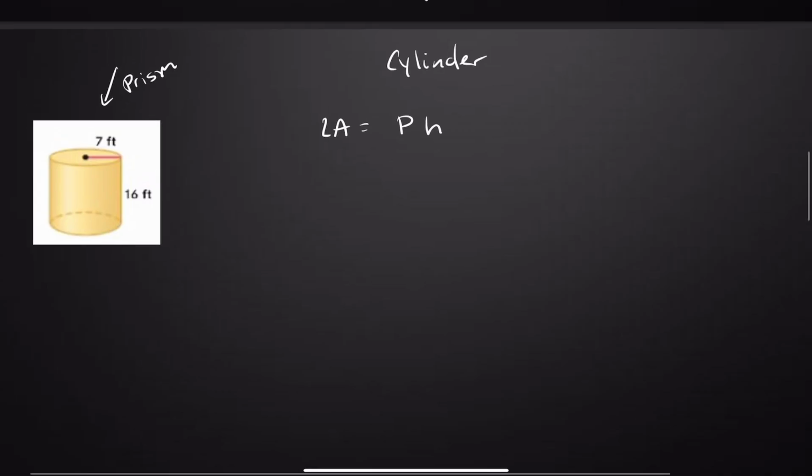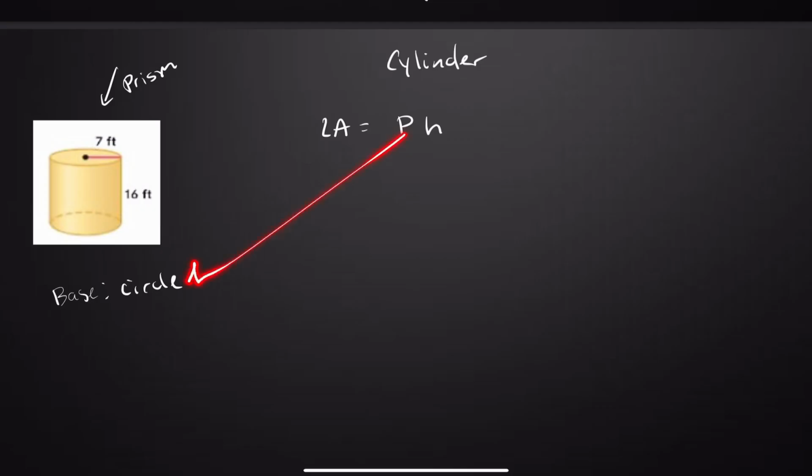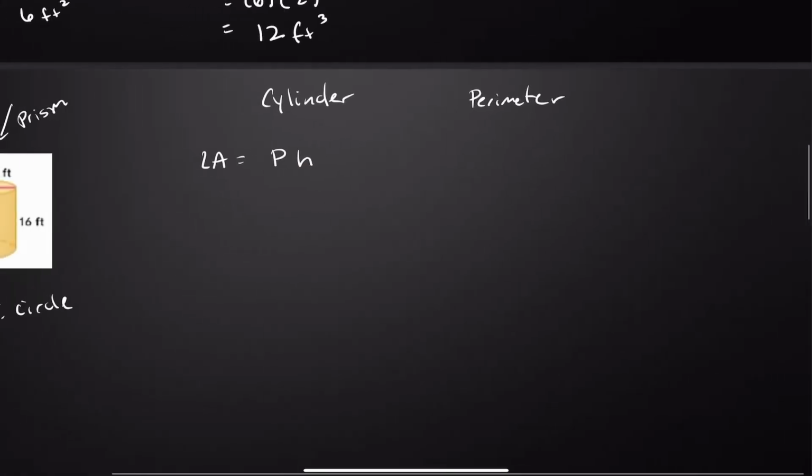And the base of the figure is actually a circle. So how do I figure out the perimeter of the circle? Well, the perimeter of the circle, another word for that is circumference.